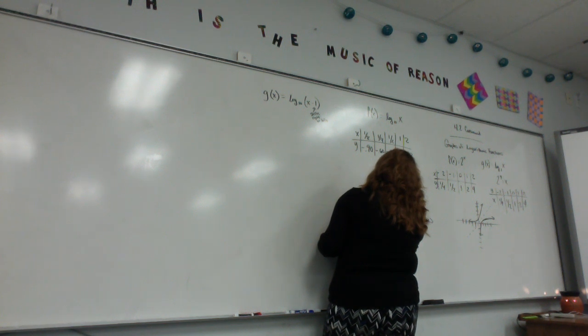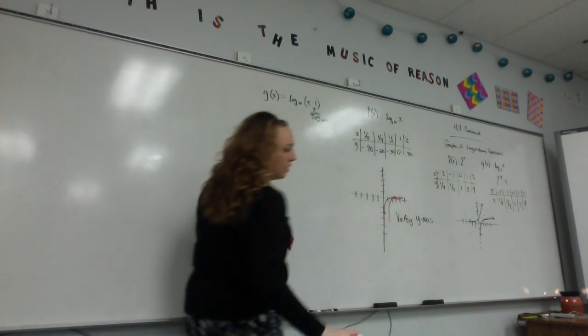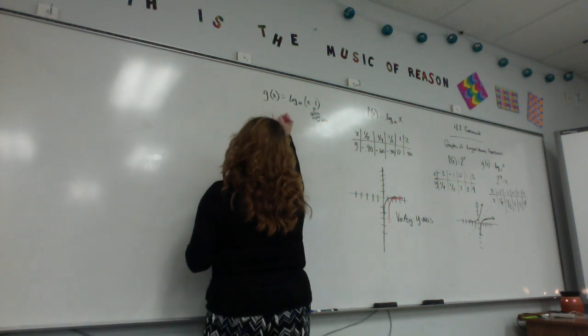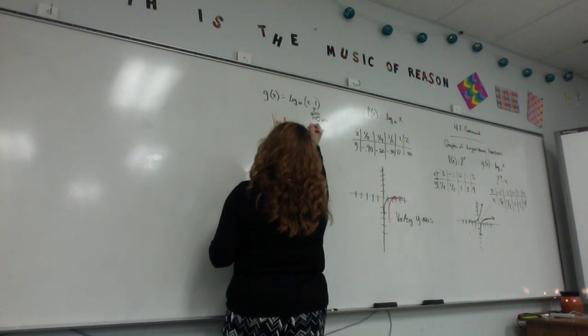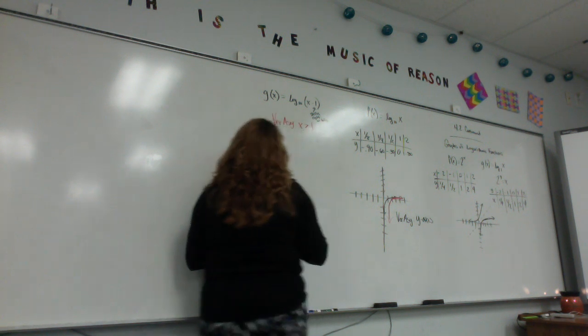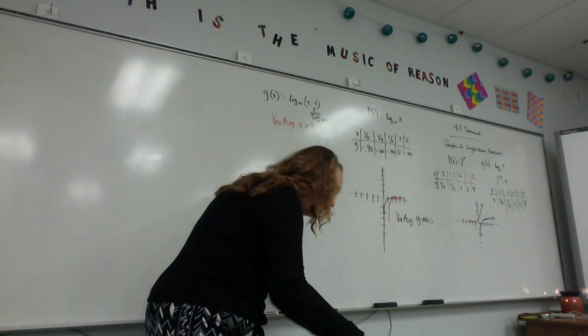So my graph simply shifts, and my domain changes to x greater than 1, because it's not going to cross over 1. So my vertical asymptote becomes x equals 1. That tells me my asymptote. So I have some shifting happening there.